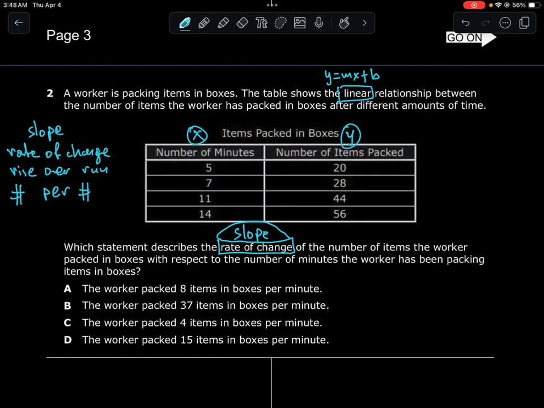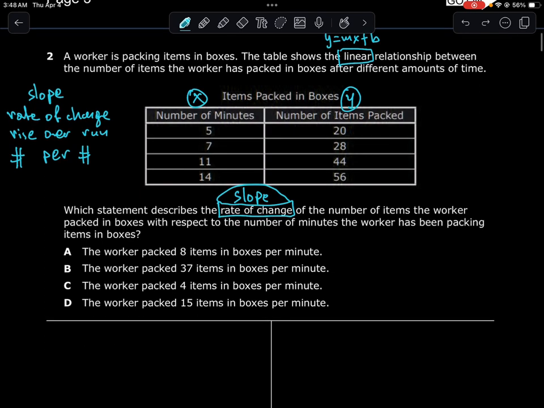Okay. Now let's look at the answers. We always read the answers just to see if we can immediately eliminate something, or to know what the options are. A worker packed 8 items in boxes per minute. Now let's see where we see this "per" here.